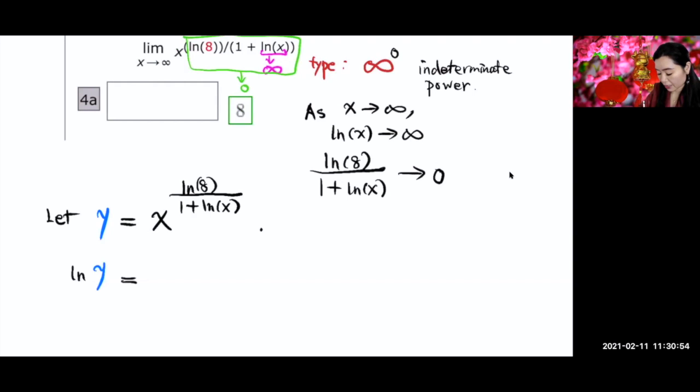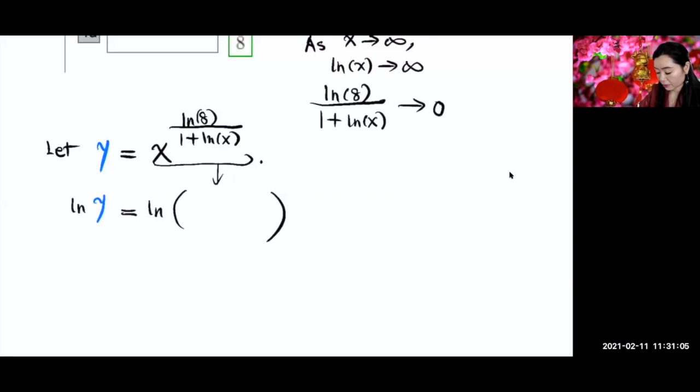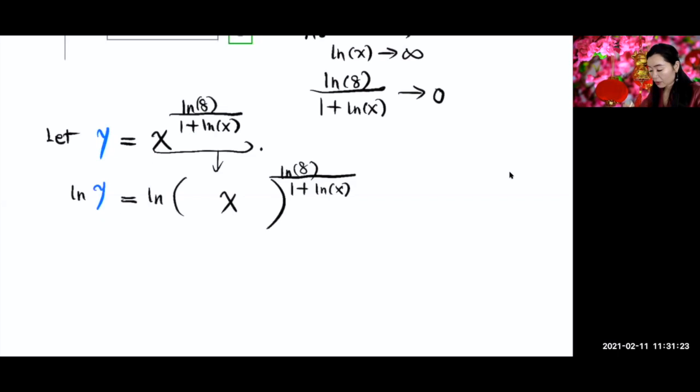That's equal to ln of this whole thing. So that will be ln of x to the ln of 8 over 1 plus ln of x. Now remember for ln, this exponent, you can bring it in front of ln right here, by the property of the log function.